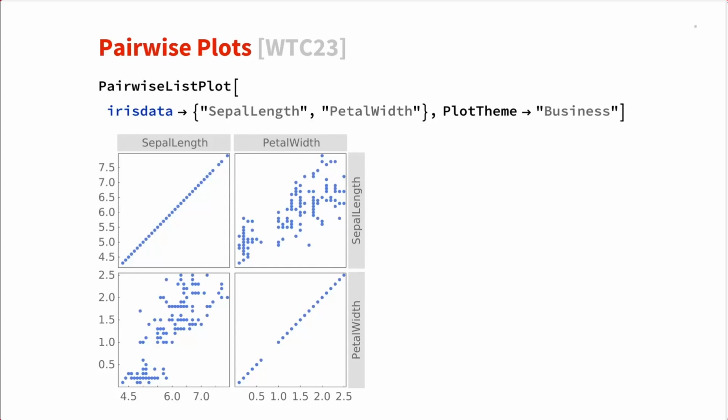I am providing a link to that talk here in this slide, and if you're interested, you can check that out. But here I am recreating one of the plots from that talk, with the only difference being the data and syntax are more tabular friendly. In pairwise plots, every column we select is plotted against every other column, giving us a grid of plots.